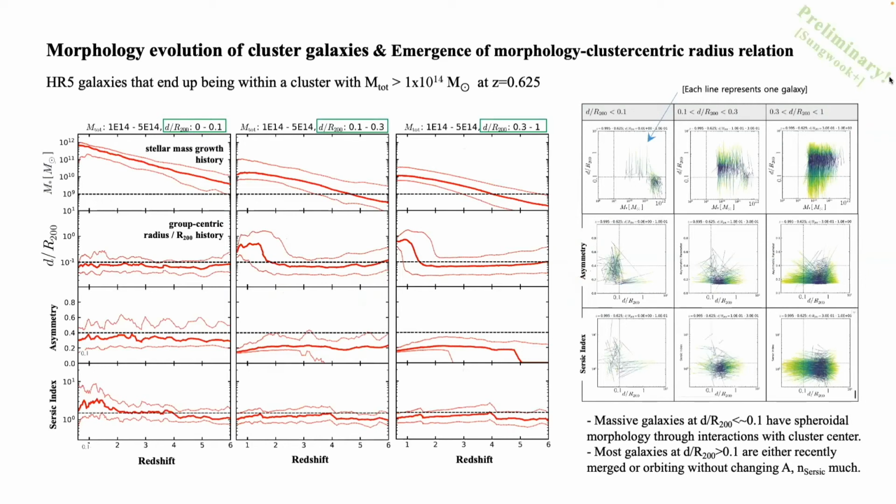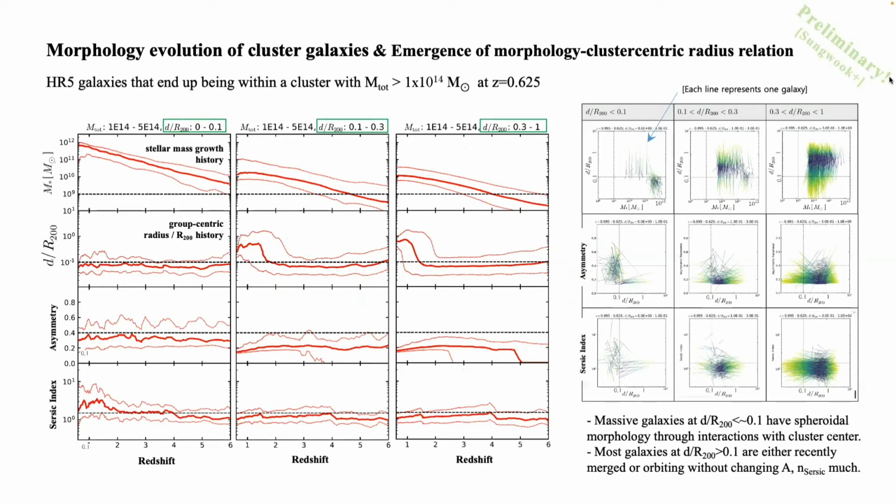So we found this morphology cluster-centric radius relation is emerging in our simulation. Let's look at this panel. Sorry about the size of the plot, but it's enough to look at.